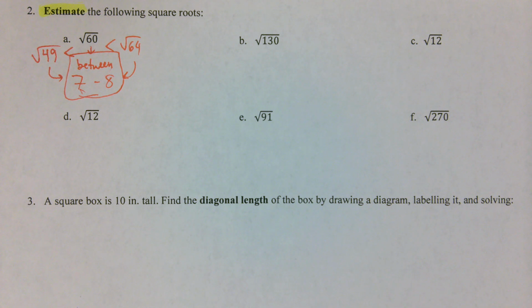Exactly, that's it. Between 11 and 12, because 130 is between 121 and 144. You got it. It's not too bad, right? It's probably one of the easier things we have to do. Good. I didn't realize I put that twice. Oops. I didn't realize C and D were the same. My bad.